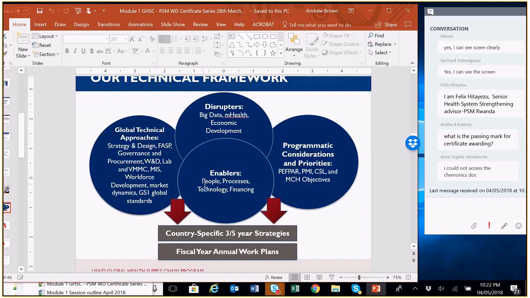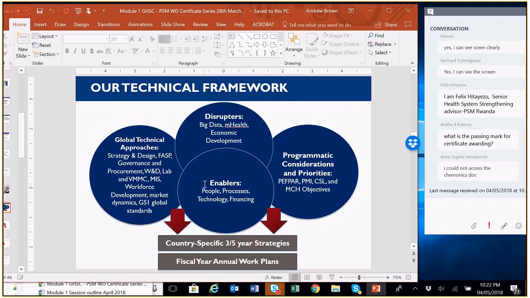The other element for those of you working in the field in different country contexts is that what we're talking about today is really this bubble here, the global technical approaches or the thinking that is behind our approach as a project.